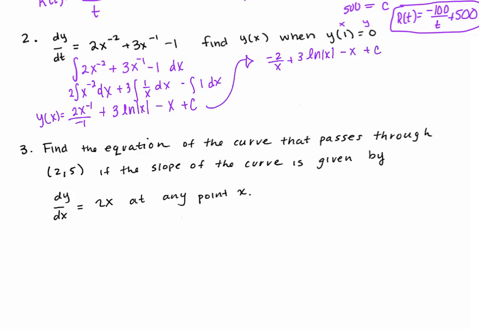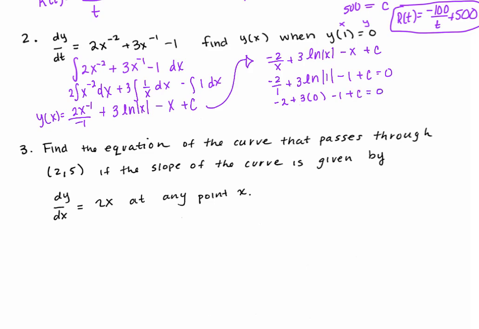I'm going to plug in 1 for x. 3 natural log 1 minus 1 plus c, and that equals 0. So I have negative 2 plus 3 times 0 minus 1 plus c equals 0.